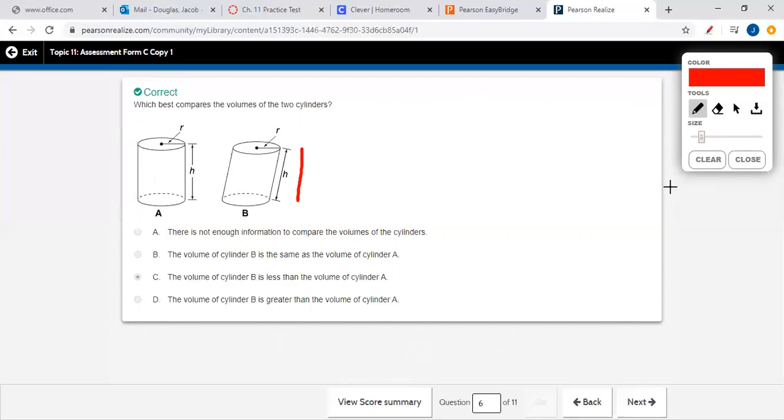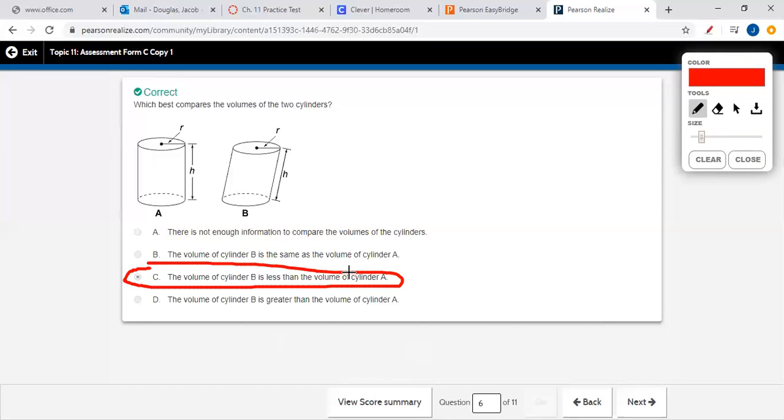Now, if the height had come off and looked just like this one did, meaning that it was straight vertical when it indicated the height, then they would be the exact same. But because this one looks kind of crooked, that should be a sign to you that they are not the exact same. So because of that, the answer choice is C, which is the volume of cylinder B is less than the volume of cylinder A. All right, we don't know how much less.